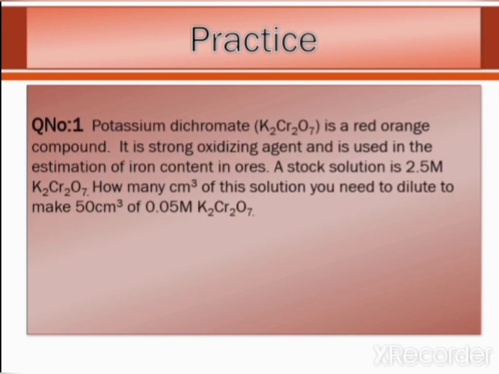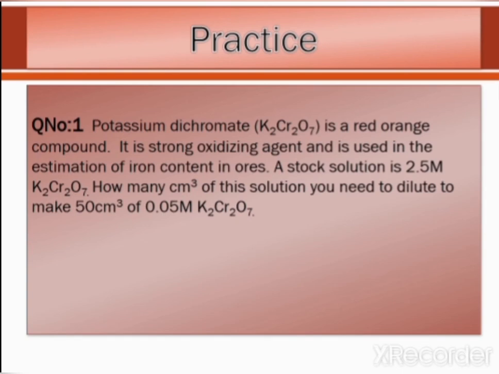Potassium dichromate, K2Cr2O7, is a red-orange compound. It is a strong oxidizing agent and it is used in the estimation of iron content in ores. A stock solution is 2.5 molar K2Cr2O7. How many cubic centimeter of this solution do you need to dilute to make 50 cubic centimeter of 0.05 molar K2Cr2O7?